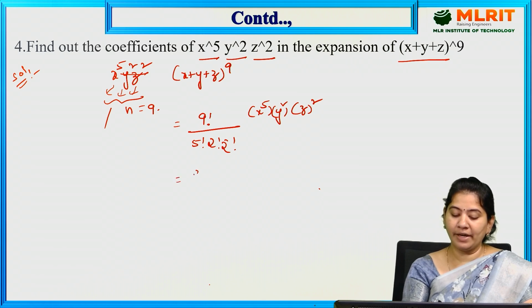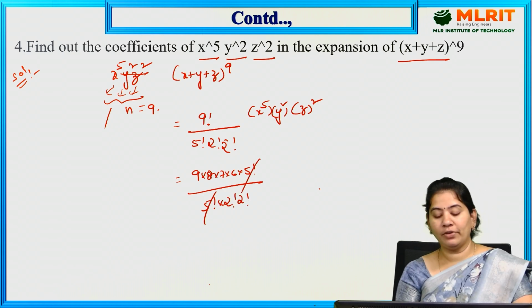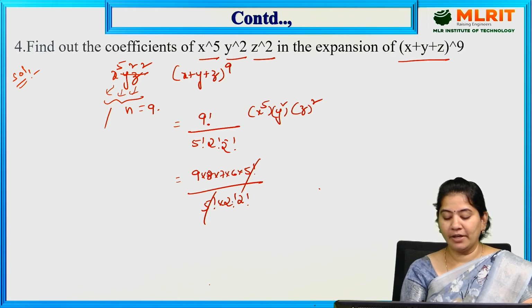So this is the answer. If you simplify it, 9 into 8 into 7 into 6 into 5 factorial by 5 factorial into 2 factorial into 2 factorial. So 5 factorial will get cancelled. If you take 2 into 1 and 2 into 1, 2 4s are 8, 2 3s are 6. So here you will get 9 4s into 7 into 3.